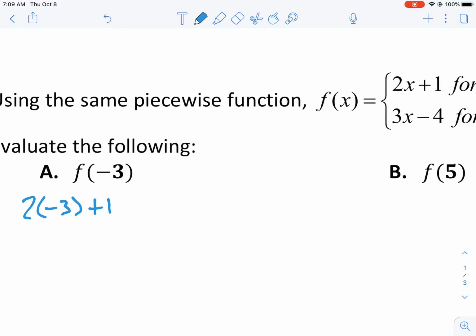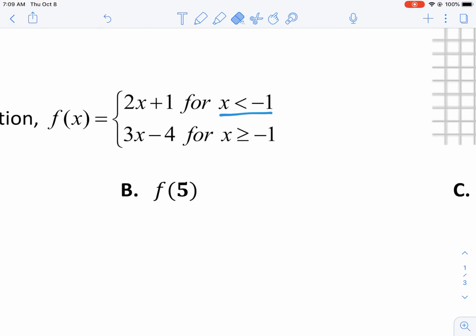So we can plug in -3, 2 times -3 is -6, plus 1, that's -5, all right? For B, we have to look at the same thing. So f of 5, all right, 5 is greater than -1, so we're going to go into the bottom. 3 times 5 minus 4, that's 15 minus 4, so that gives us 11.